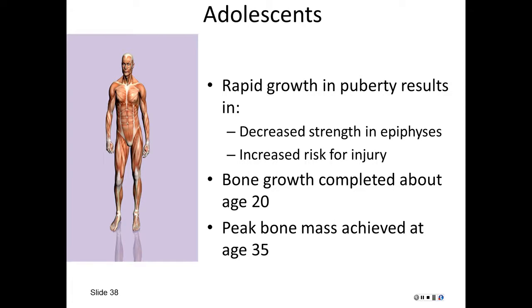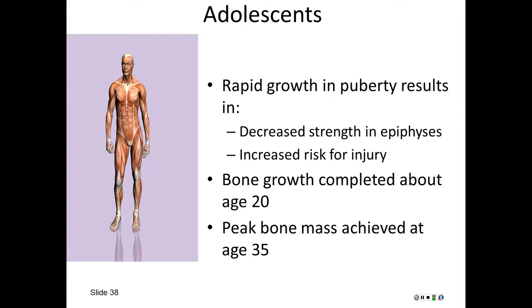Okay, so that's puberty, growth hormone, and why they eat a lot when growth hormone goes up, and then they get taller and they tend not to eat so much. Realize that bone growth is completed by about age 20, but peak bone mass is achieved at age 35.